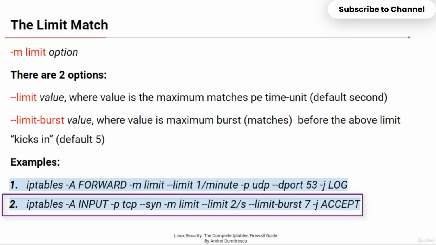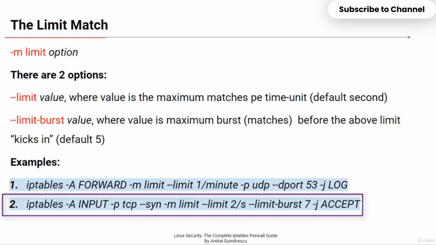The iptables rule is accepting 7 new TCP connections because the limit burst is set to 7, no matter how fast they arrive. And after that, it will accept only 2 new connections per second because the limit is 2 per second. If in a second there are not 2 new connections, the burst which has probably been spent will be filled.